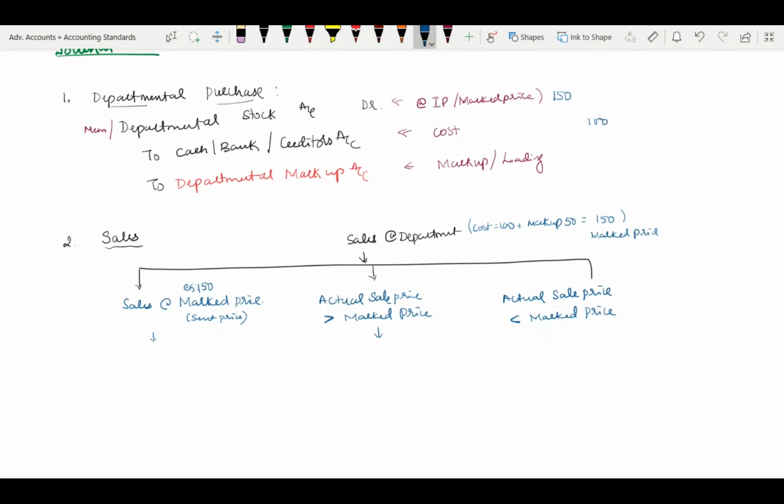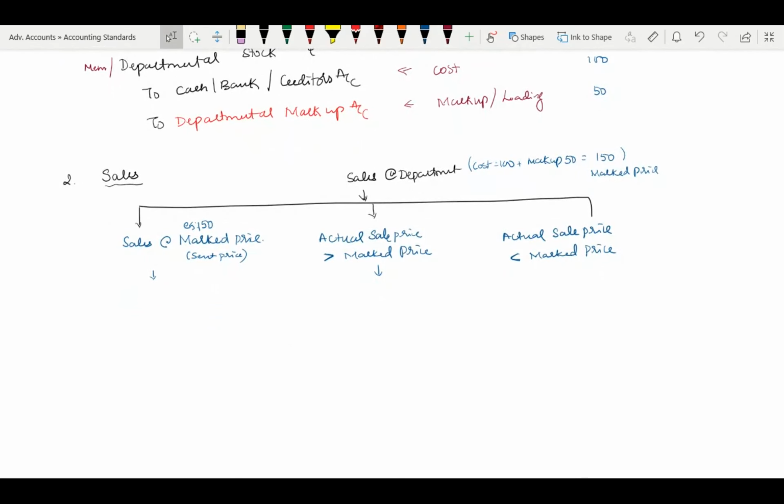Cost is 100. I will pay to the outside, cash or credit. So the balance 50 rupees I have already recognized in the markup account as a profit. That is, if I sell these goods at 150, I will get 50 rupees as a profit, which I have already credited in the markup account. Therefore, nothing to increase or decrease at the time of sale at market price.